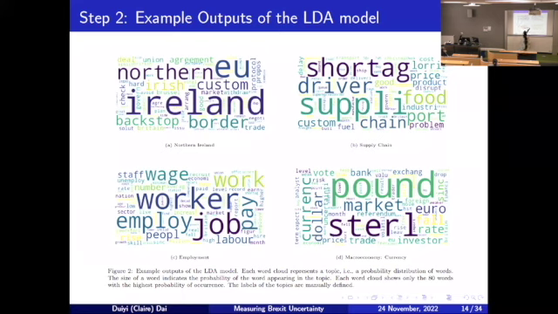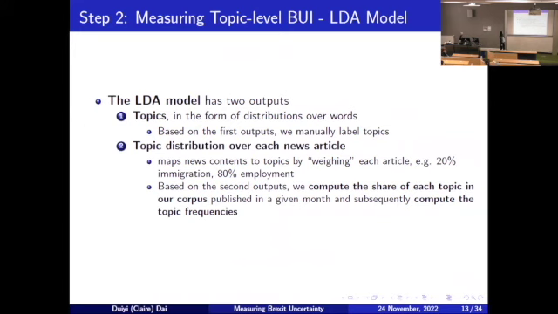This one is supply chain and driver shortage, so it's about supply chain. For this one, you can say employed, job, worker, so it's employment. And for this one, you can say pound sterling, so it's macroeconomy, currency. That's how we manually label it. So this is the first output of the LDA.